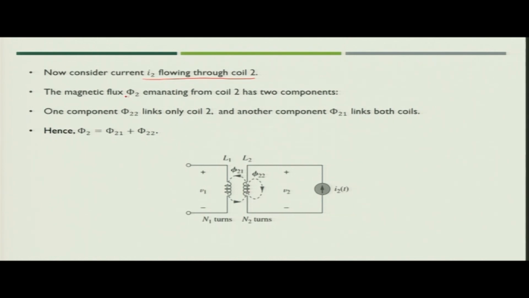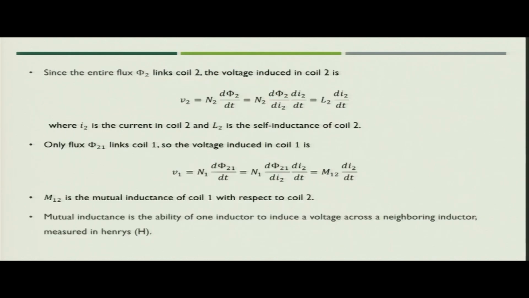The flux phi 2 which is generated by the current I2 will again have two components. One component phi 22 which will link only the second coil, while phi 21 will link both of the coils. So, you can say phi 2 is nothing but phi 21 plus phi 22.